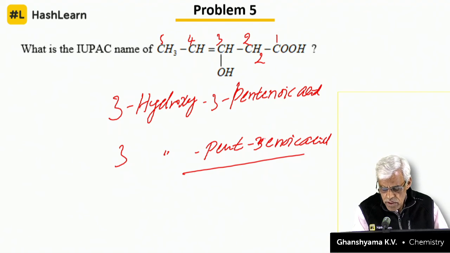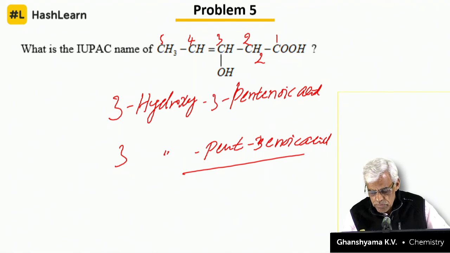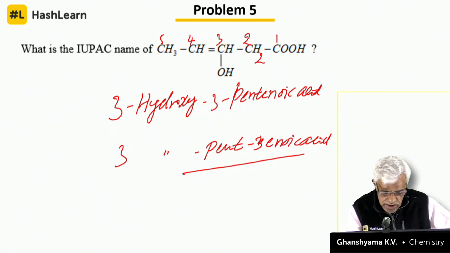Better, 3-enoic acid: 3-hydroxy pent-3-enoic acid. Better.